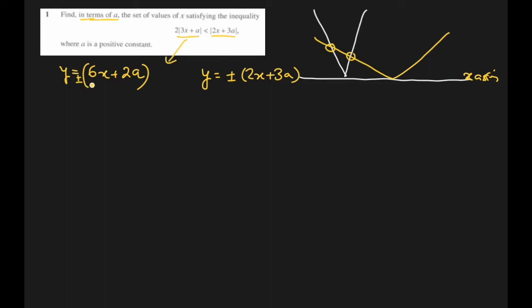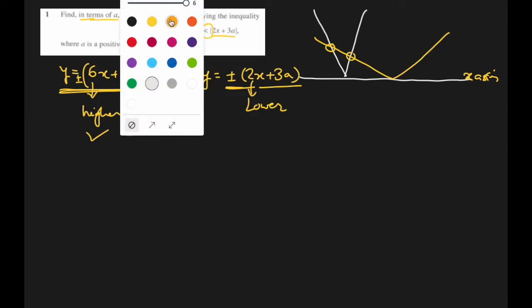Now, this has higher gradient. Can you see? 6 is a higher gradient, and 2 is lower gradient. It means that this graph will intersect this graph at two places. And here they're saying it is lower, that means the one with the higher gradient has to be lower than the one with lower gradient.